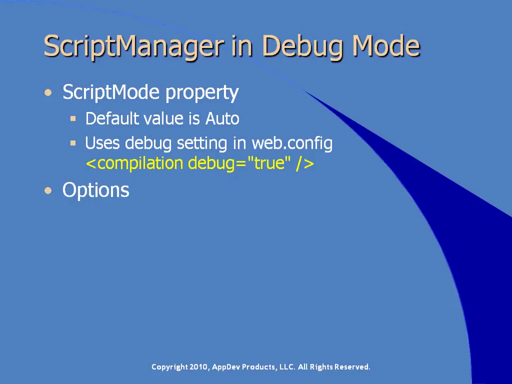Now both Script Manager and the Script Manager proxy have a script mode that have several options. First, as I mentioned, is auto, and it just uses the settings from the web.config. Debug looks for debug scripts first, and then gracefully rolls back to production scripts.